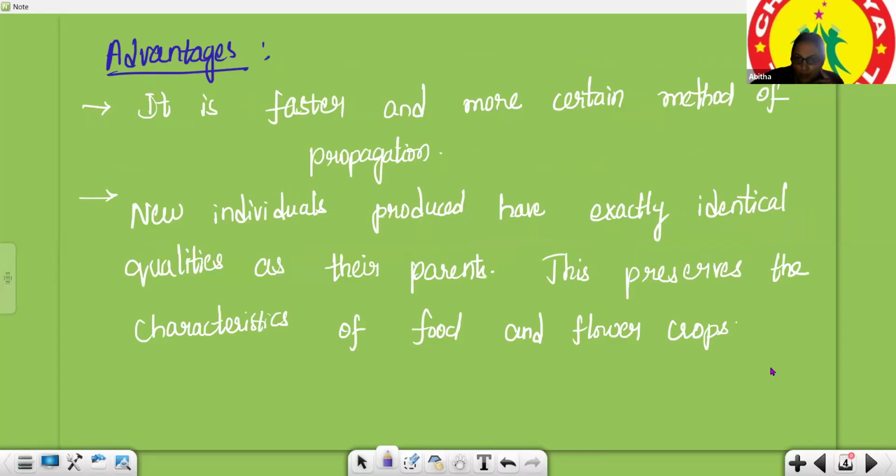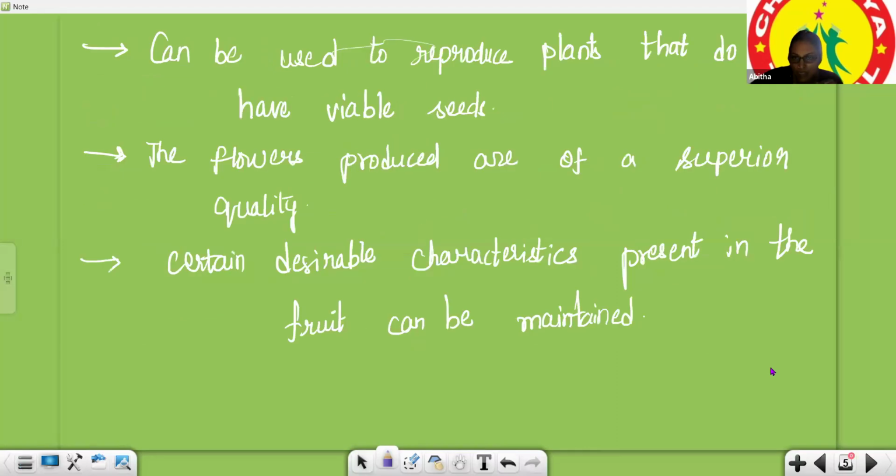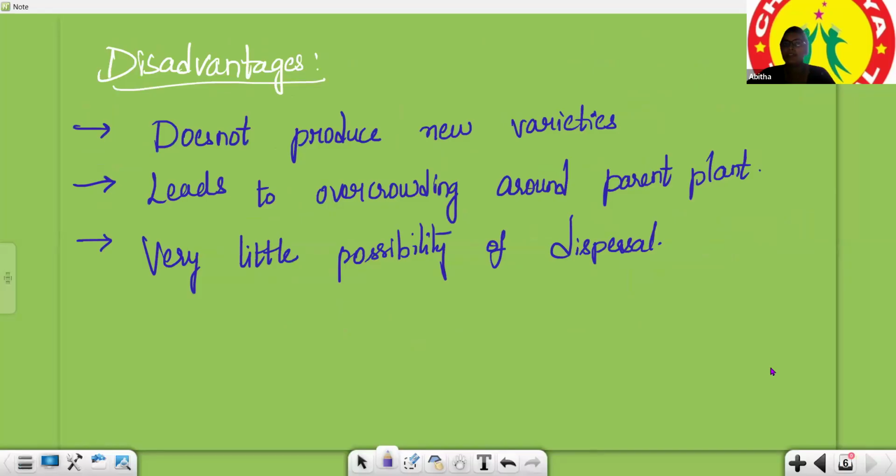New individuals produced have exactly identical qualities as their parents and can be used to reproduce plants if the seeds are not viable, and you will get superior quality flowers and desirable characteristics of fruits. Disadvantages are that it doesn't produce new varieties, it may lead to overcrowding and very little possibility of dispersal.